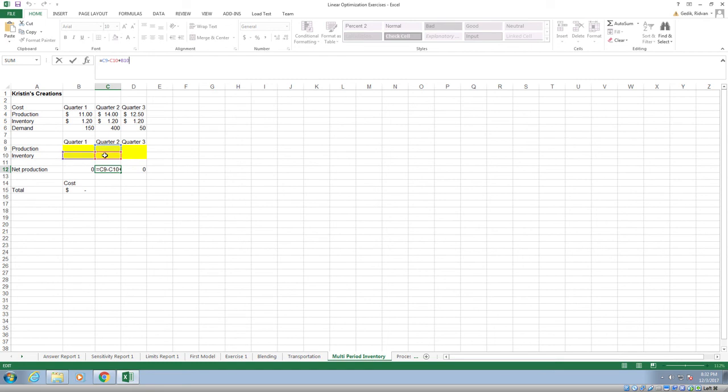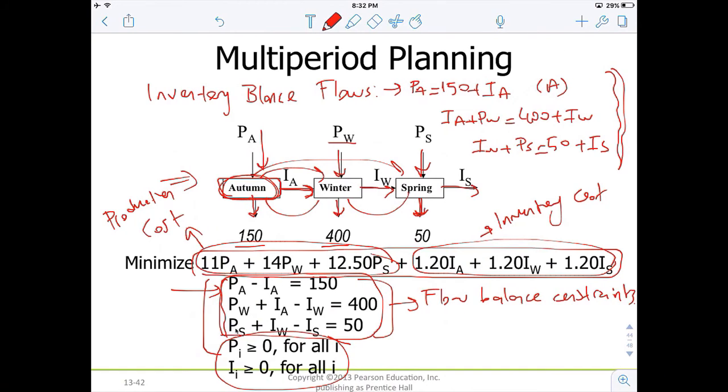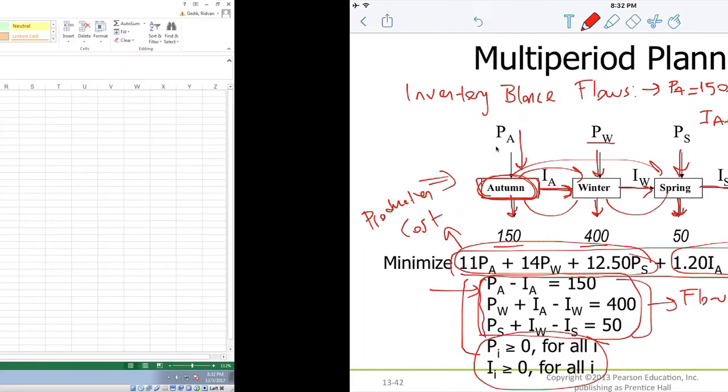C10 is our I2, right, going out, plus B10. B10 is our inventory going from autumn to winter, right? Okay, that's correct. And then this third one is exactly what you see here in this left-hand side. The only reason that this is written that way is because solver likes a constant right-hand side, or you could have written these constraints like this as well.